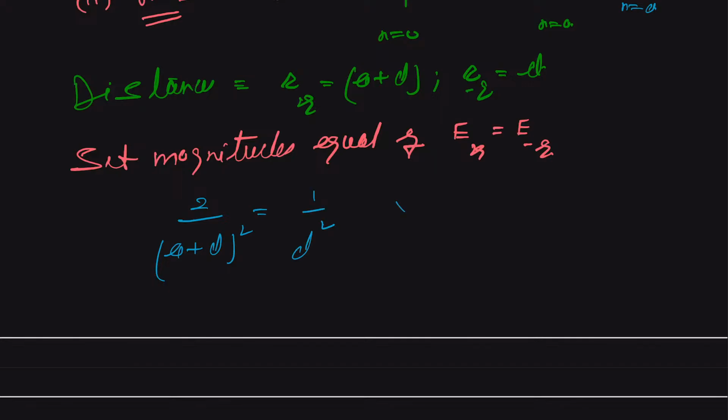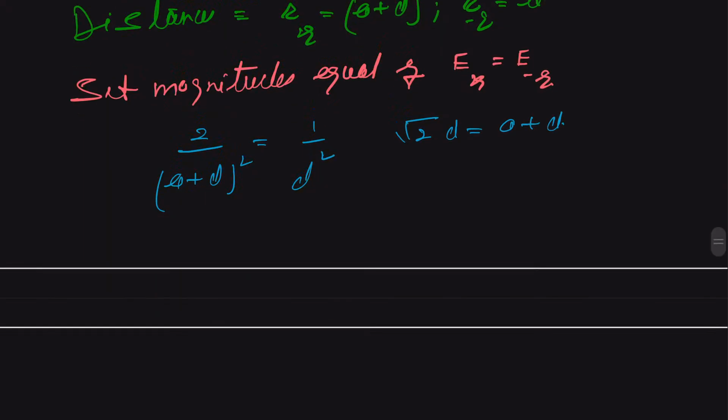This gives us square root of 2 times d is equal to a plus d, giving us that d will be equal to a upon square root of 2 minus 1, or we can rationalize it and write this as a times square root of 2 plus 1. So this is our value of d, for which the electric field will be equal to 0.